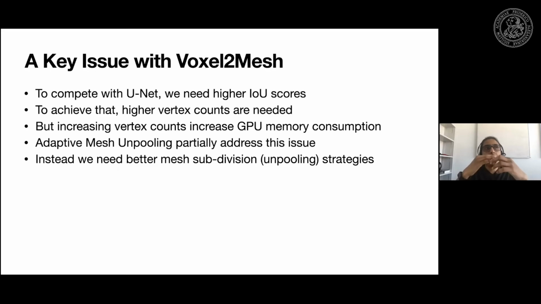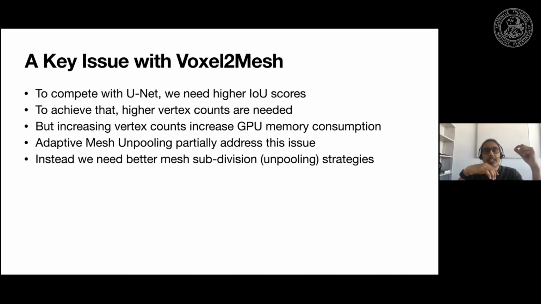The thing is that we are competing with UNets and its variants. These UNets are pretty good at very accurately following the boundary information. So to do this, as I mentioned before, we need to have a high number of vertices.